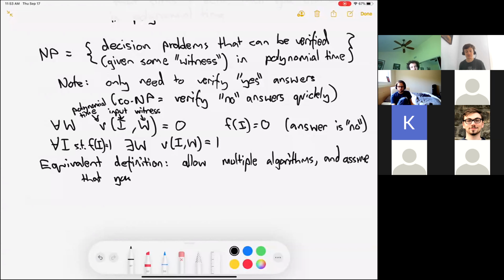All the algorithms have to work and give the right answer 100% of the time, but you assume that you just got lucky and guessed the fastest one, right? You just need one of the algorithms to work in polynomial time.